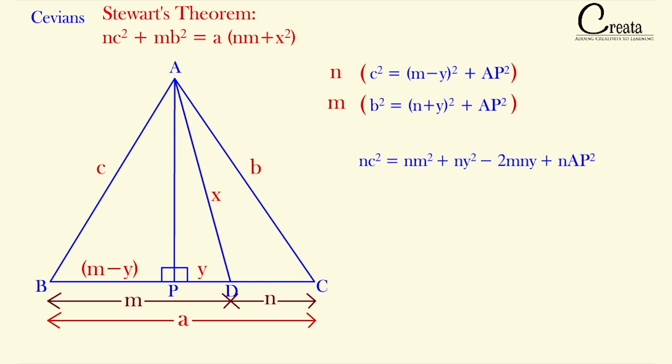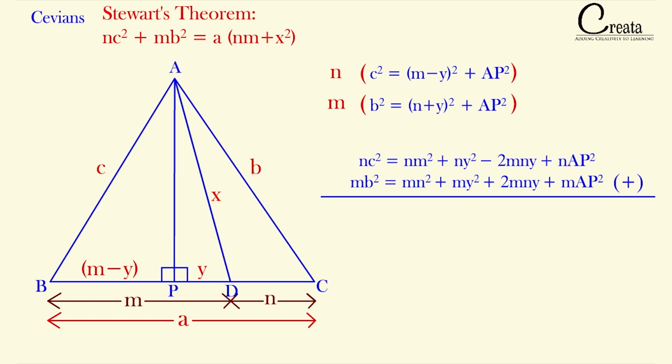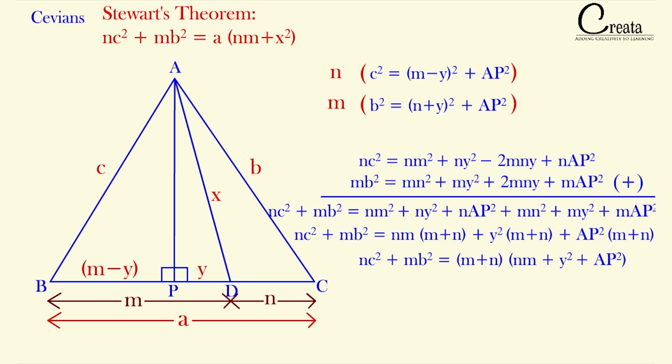And the second equation will turn out to be m b square is equal to m n square plus m y square plus 2mny plus m times AP square. We got two equations. Let's add both the equations. On adding and simplifying, we got n c square plus m b square is equal to (m plus n) times (nm plus y square plus AP square).